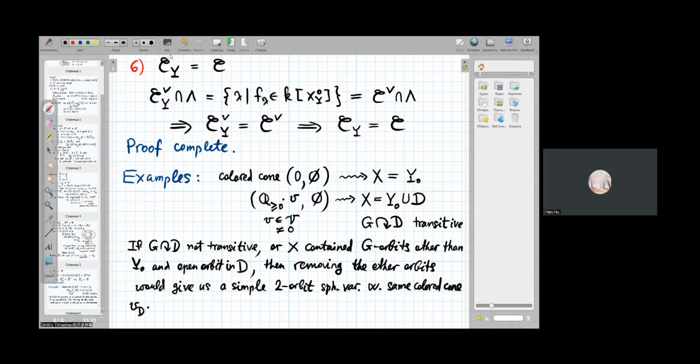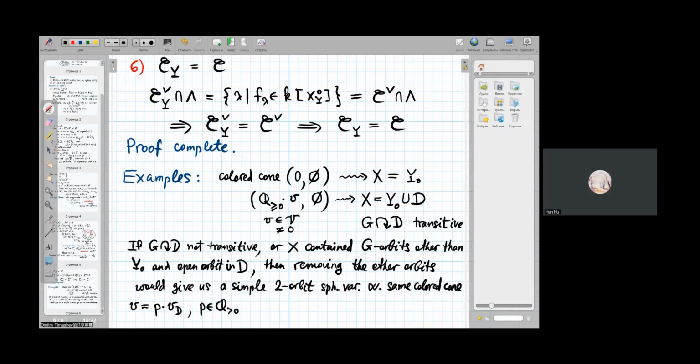V is a positive multiple of V_D, where P is a positive rational number.